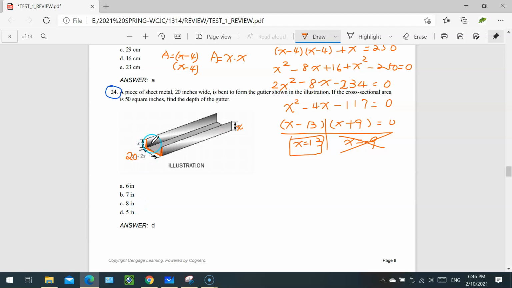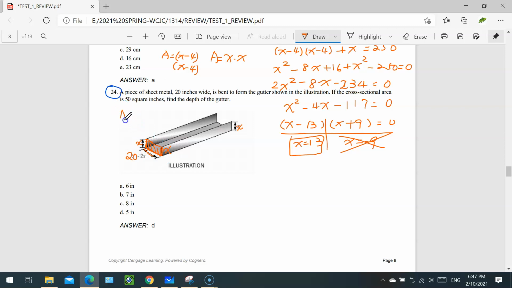Now, since they bend to form the gutter for each side, this is x, this is another x. Finding the area of the cross section, it tells us the area is 50 square inches. This is a rectangular shape, right?